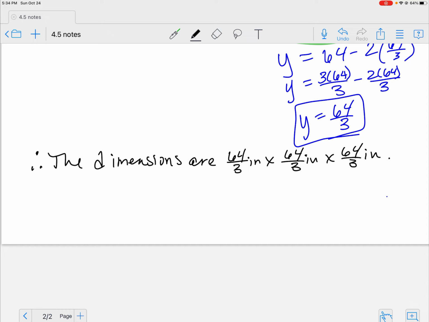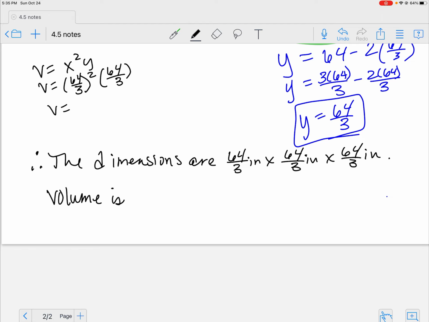And then if I have the volume, whenever I'm looking at volume, it is equal to x squared y. So 64 thirds squared times 64 thirds. I don't know what 64 thirds to the third power is, but we know that the 3 cubed is 27, right? I don't know what that is. I'm going to cheat and look it up. So here it says it is somewhere around 9,709 inches cubed.